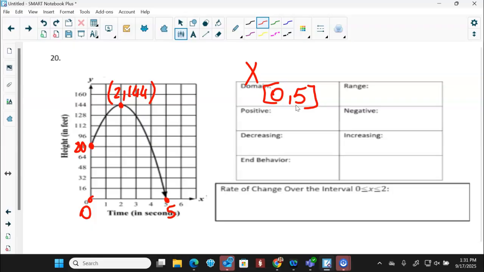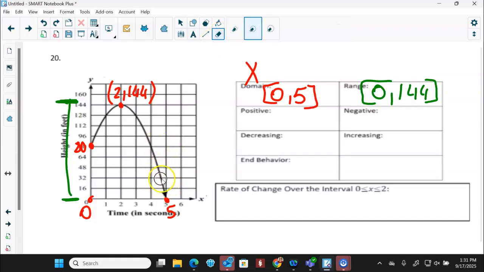Range, on the other hand, is up and down. Again, range doesn't go from 80 to 144. Range will go all the way from 0 all the way to the highest point. So from 0 to 144 for Y value, and also include it, because again, the graph is between these 2 points. You can't say it starts at 80 because there is still a graph here, okay?